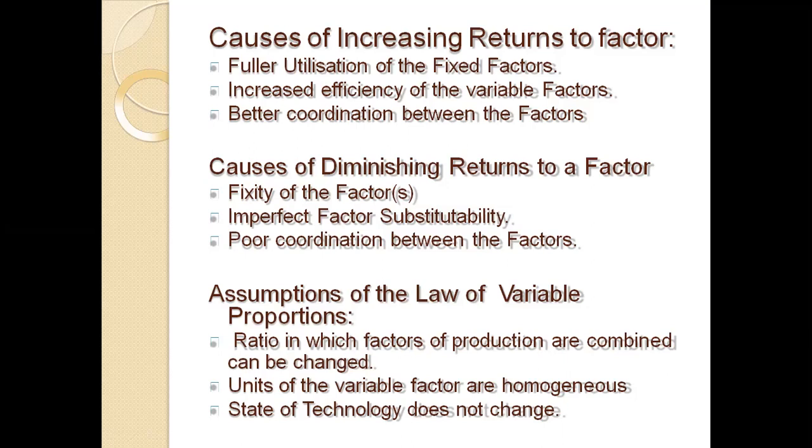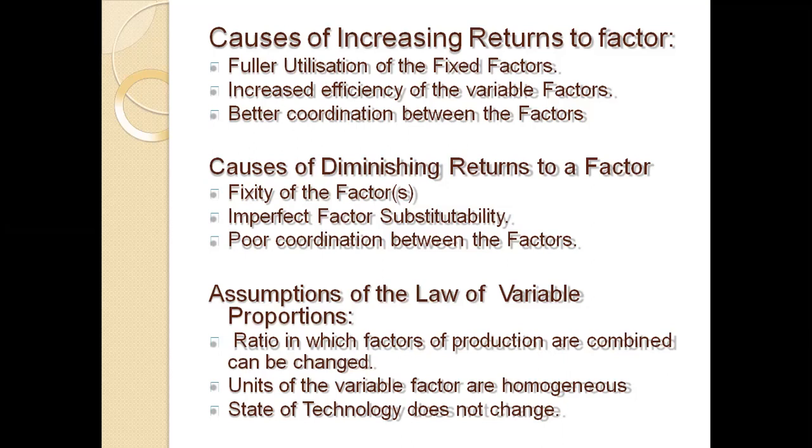The next one talks about imperfect factor substitutability. If you are substituting the fixed factor with the variable factor, as you can see in the table which we did before, you are increasing your number of laborers from 1, 2, 3, 4. But capital cannot be replaced with labor, right?